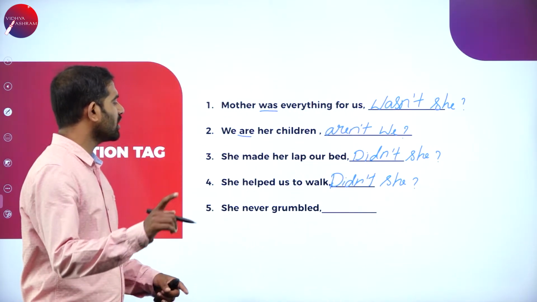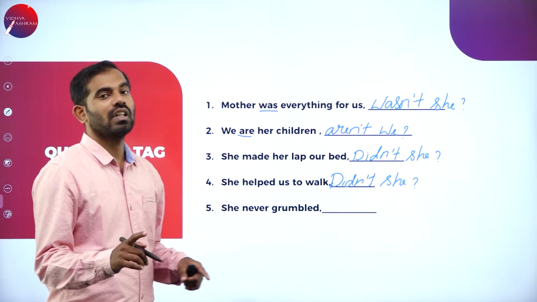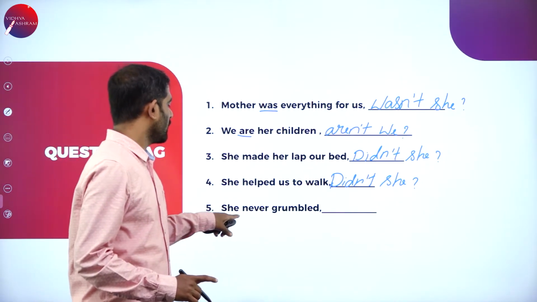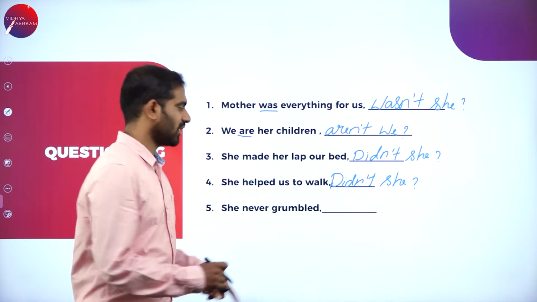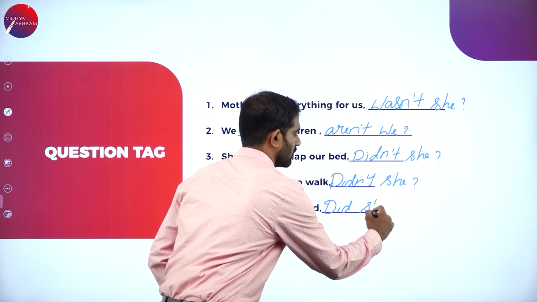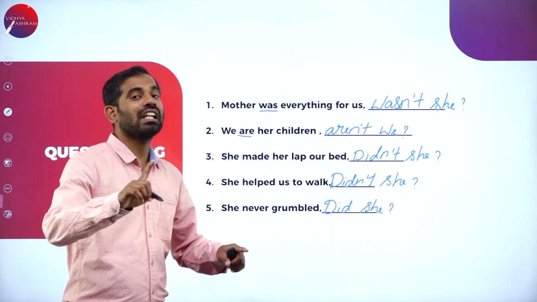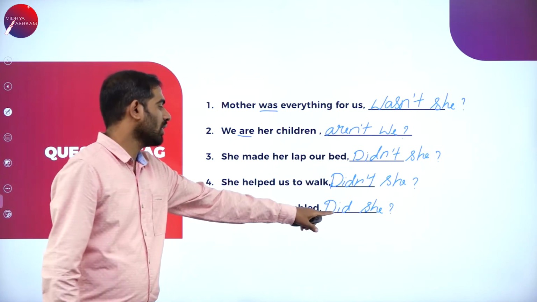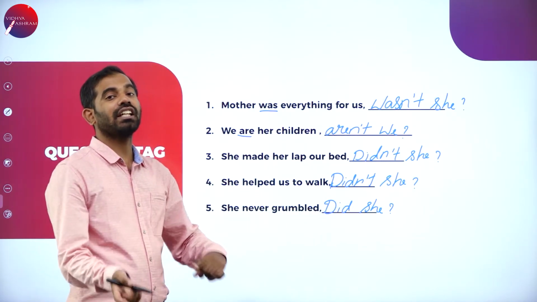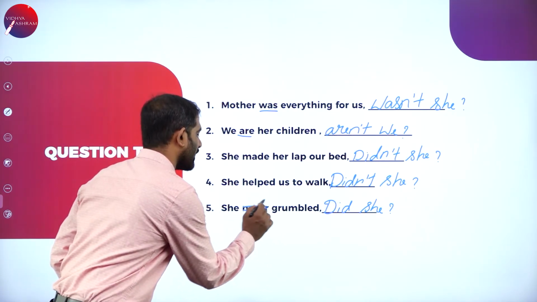She never grumbled. Observe this sentence. She never grumbled. Did she? Never is not. She did not grumble. So the question tag will be did she? If the sentence is she grumbled, let us strike it off.